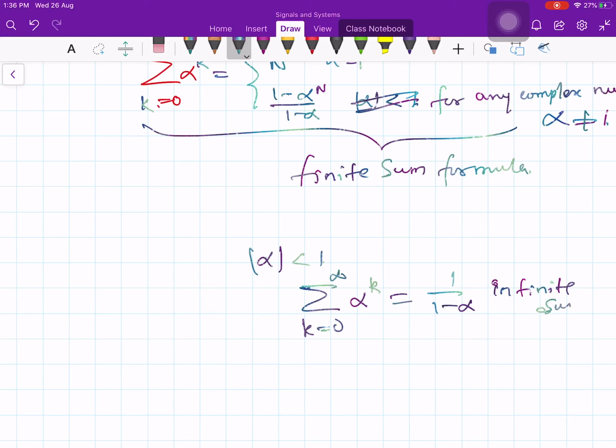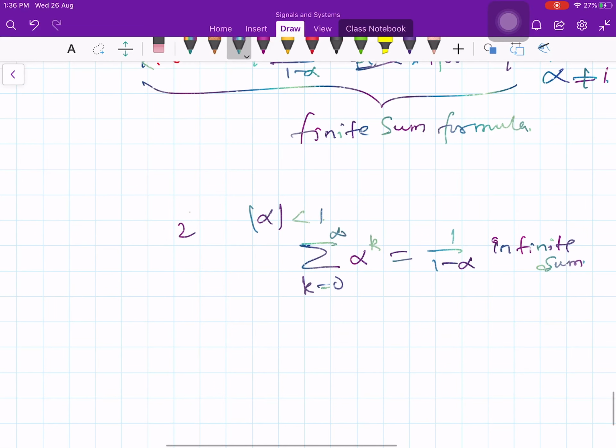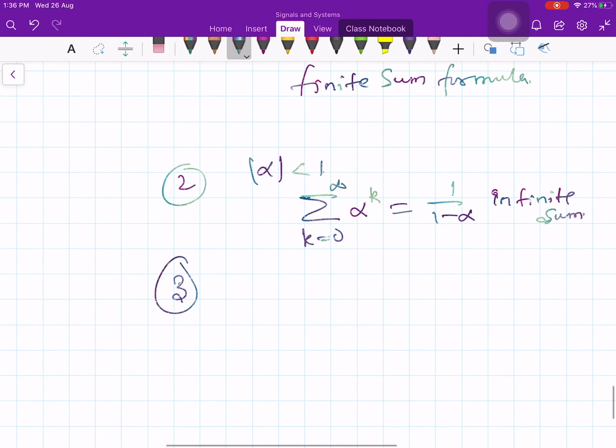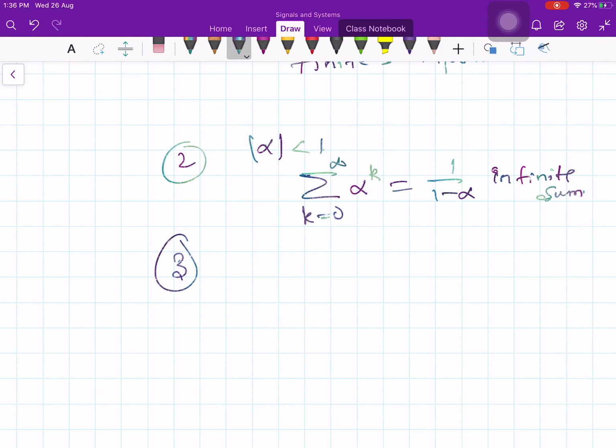And the third one is summation of k times alpha to the k, where k is equal to 0 to infinity. This is alpha divided by 1 minus alpha the whole squared. Third one.